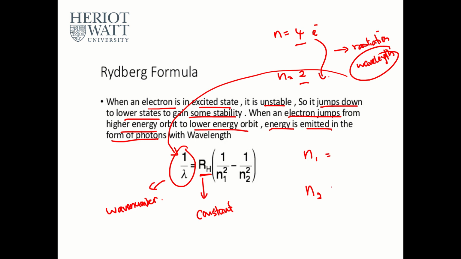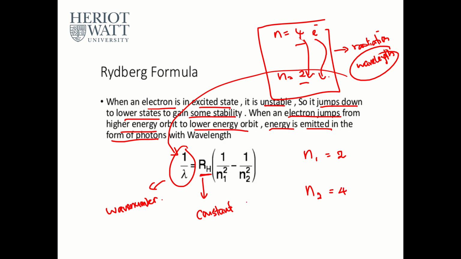So what is N1 and N2 in this case, if the electron drops from n equals to 4 to n equals to 2? N1 is actually 2. N2 is where it dropped from, which is 4.